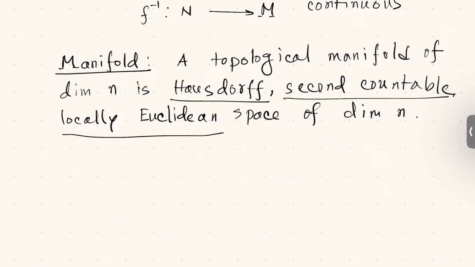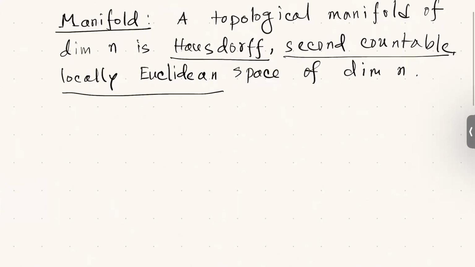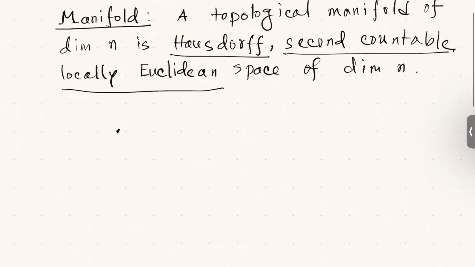So what do we mean by Hausdorffness of a topological space? It is the T2 separability condition, which is: if you take two points P not equal to Q belonging to the topological space M, then you can always construct an open set around each.